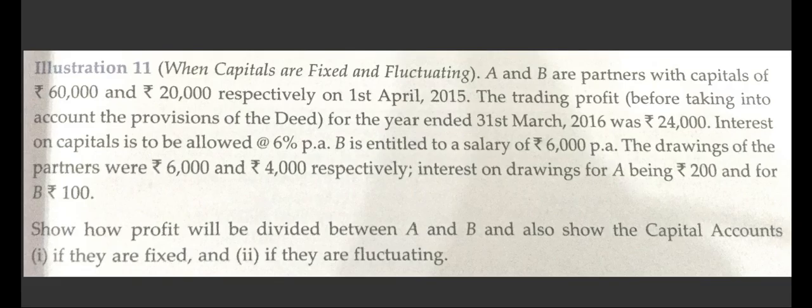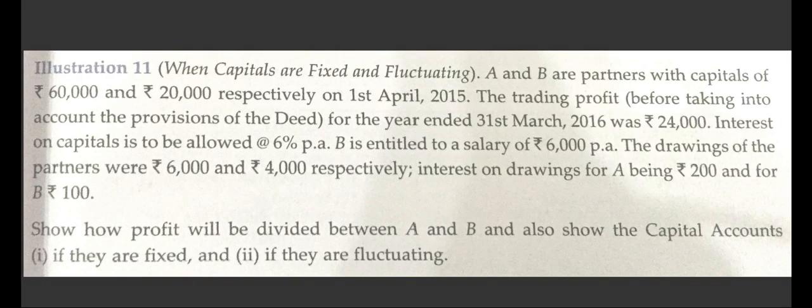Their capitals are 60,000 and 20,000 on 1st April, that is opening capital. The capitals are 60,000 for A and 20,000 for B.